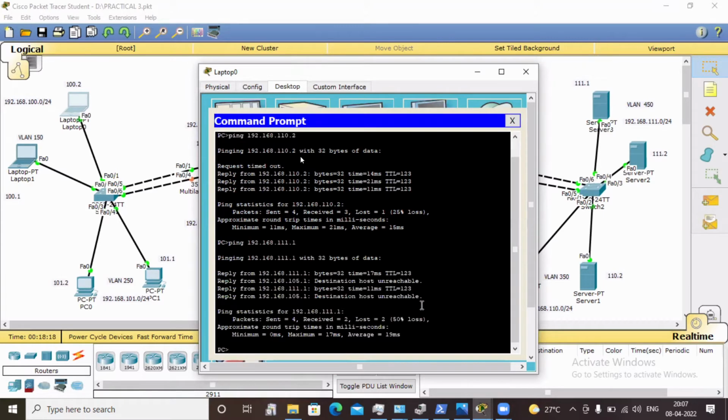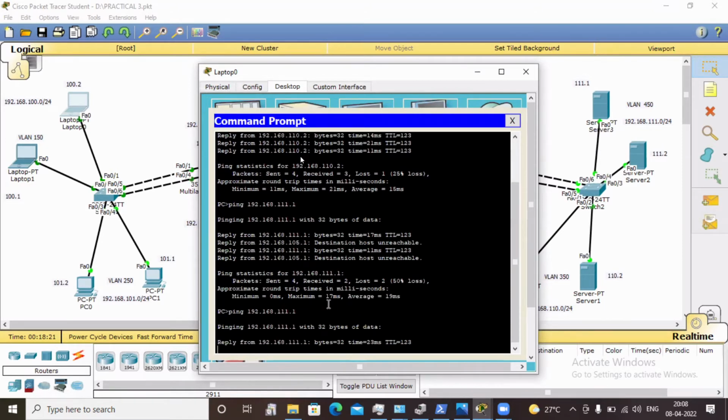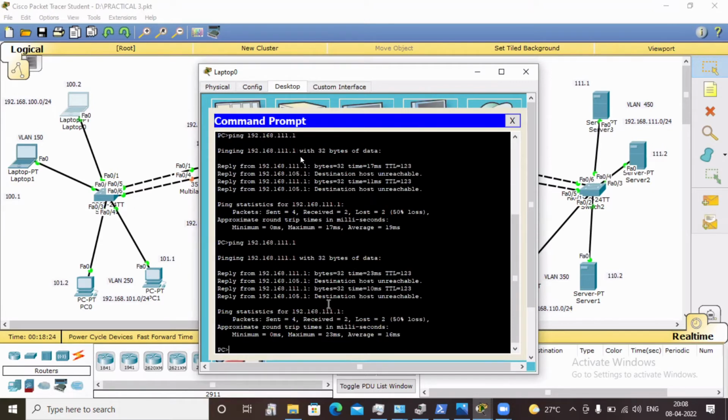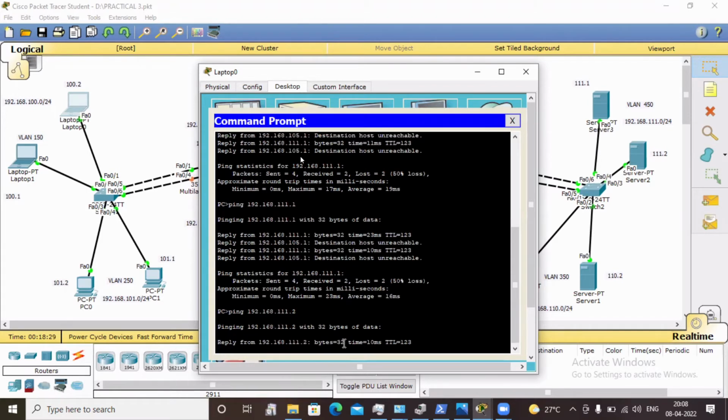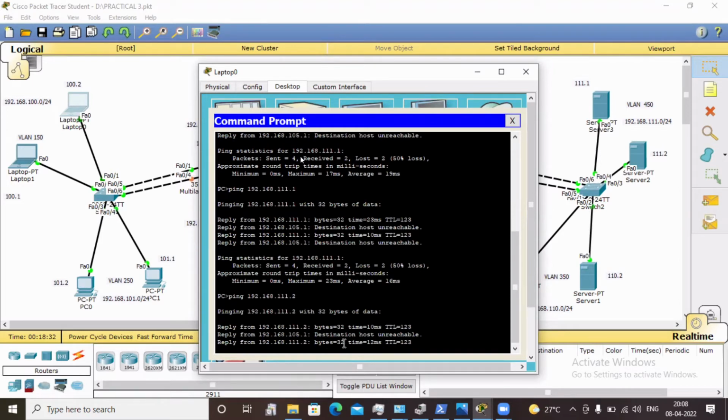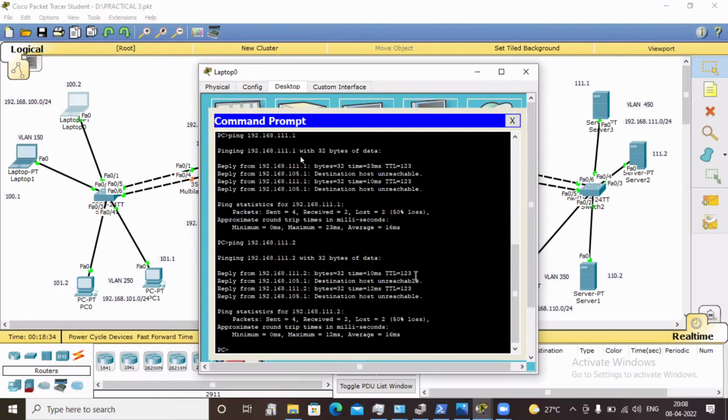Destination host is unreachable, but 2 is lost. Yeah, I think we have to configure the other port also. We have to do the same thing on the other interface port. Yes, because we are still getting a reply from two sides.